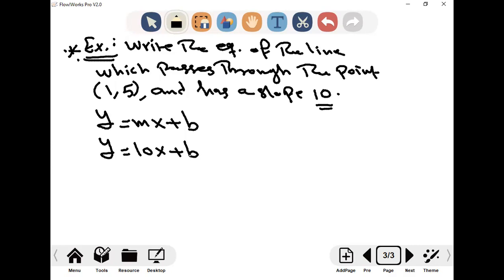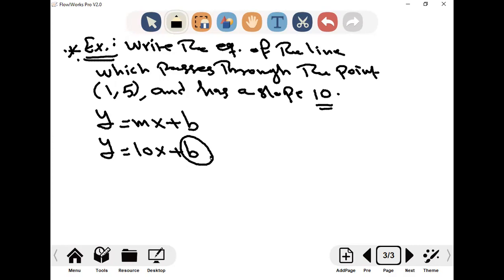Okay, done writing. Right. Now, the first step we said we replace m by the given value, which is 10. Now I need to find the value of b, which is unknown. I will go to the point. The question says that this point is on the line.